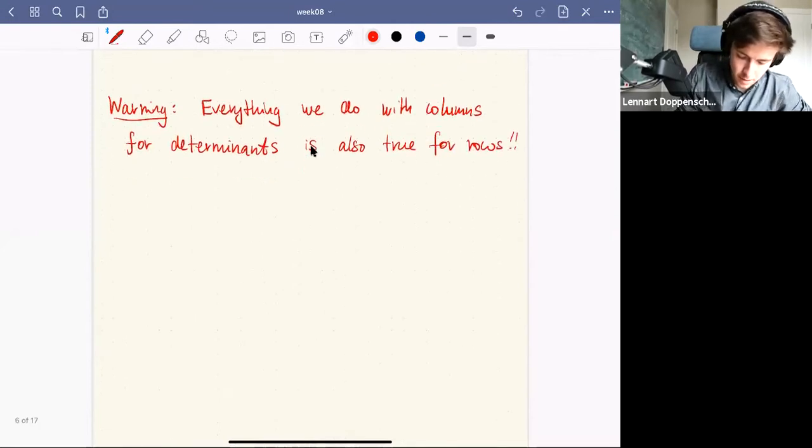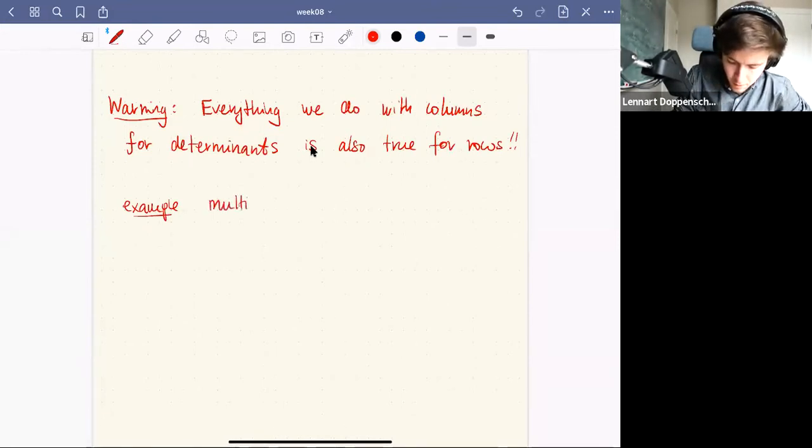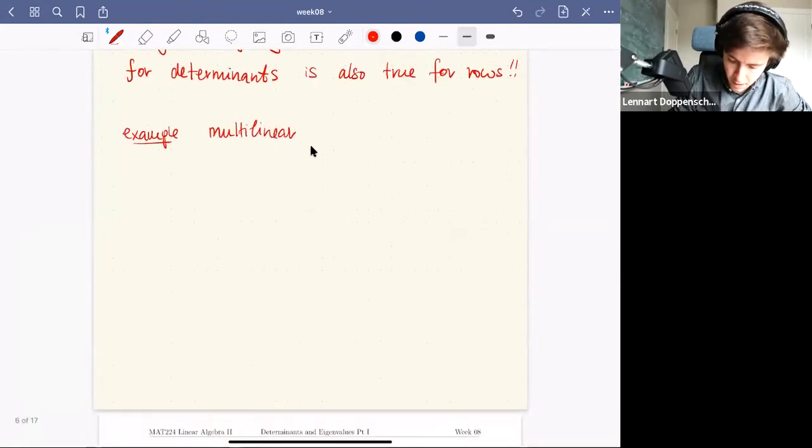So as just an example, we had this property of multilinearity. It's multilinear. So this means that this can either be viewed in terms of columns.